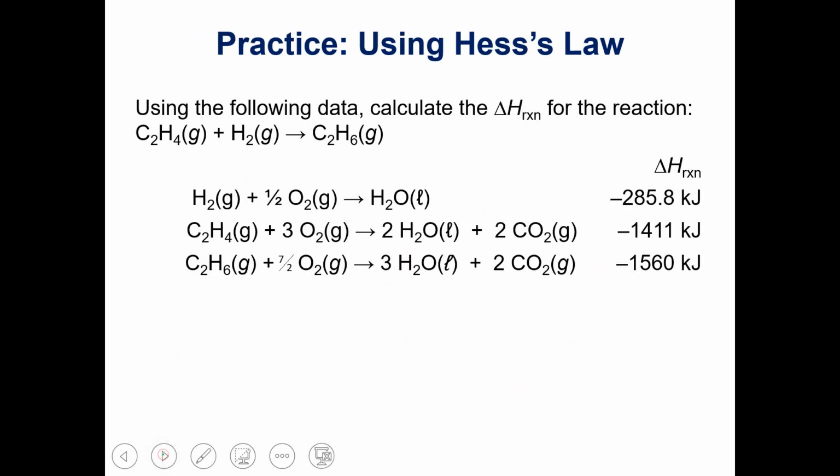So let's take a look at an example here. We're trying to get the reaction C2H4 as a gas plus H2 as a gas yields C2H6 as a gas. So let's look through these reactions. We're looking for C2H4, and if we look down through the 3 reactions that we have, we find C2H4 on the reactant side of the second equation.